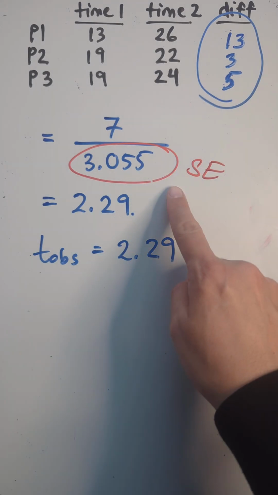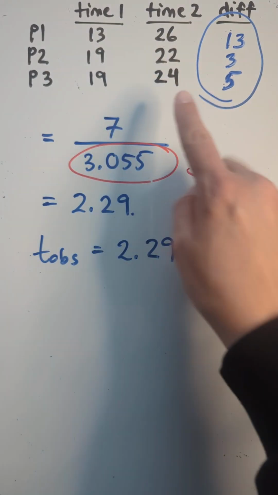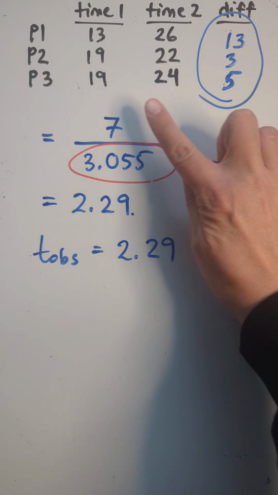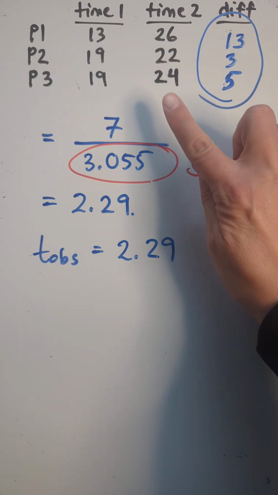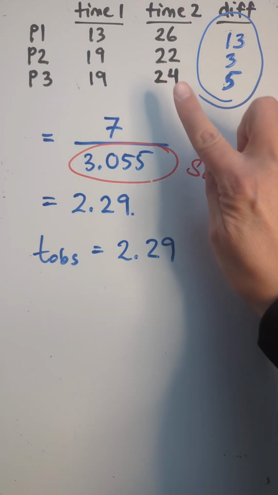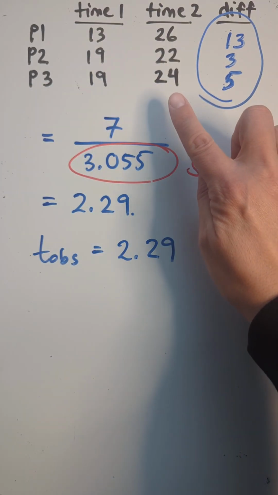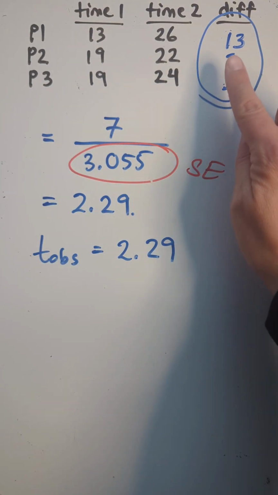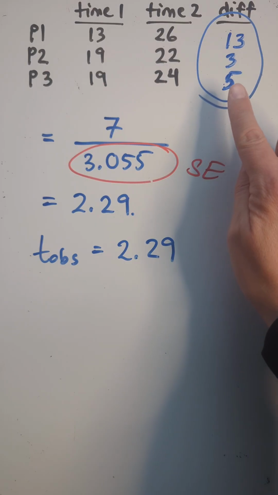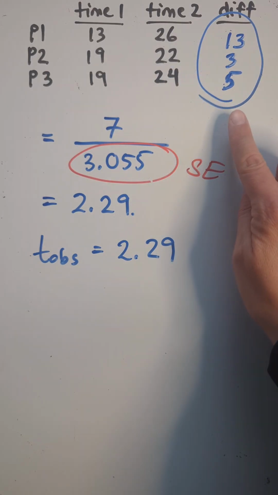What it's taking into account is that since you're looking at differences between participants, you don't have to worry about the fact that there's 2 separate groups, because really there's 1 participant giving 2 observations, so they're the same person. So you can just focus on the differences between them, and you're not losing any information doing that.